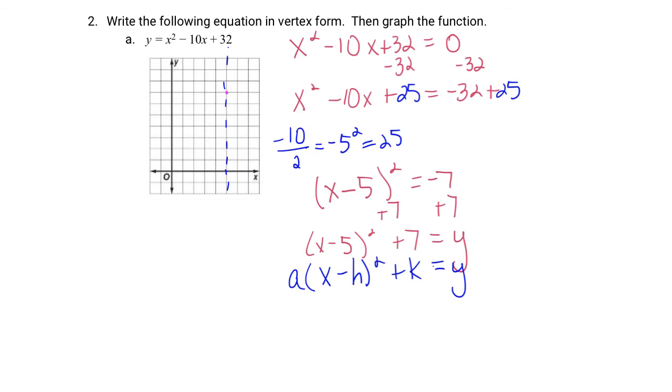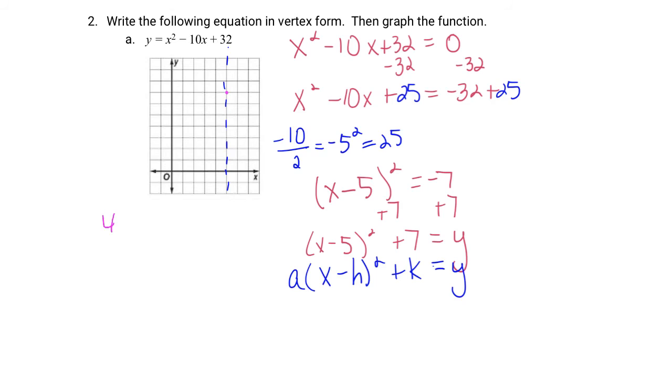Now, we're just going to have to plug in another value, because our y-intercept, if we look above, is at 32, which is very far off of our graph. So let's find another point. Let's plug in 4 to our equation.